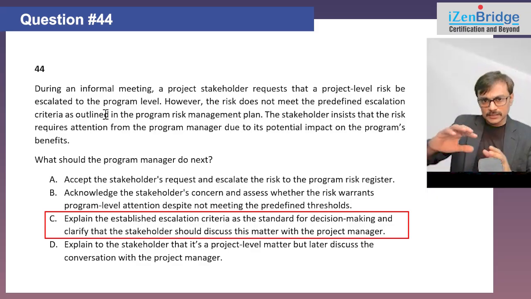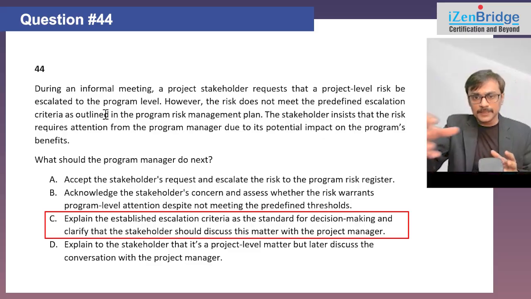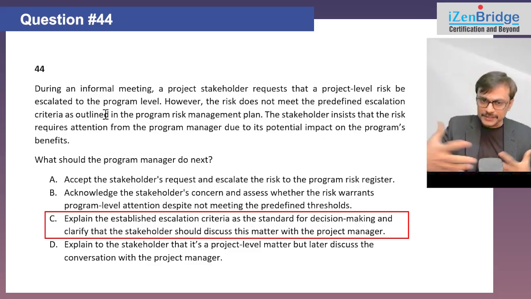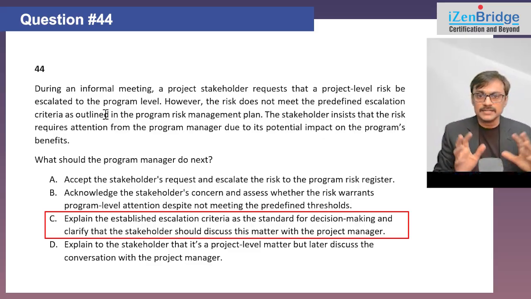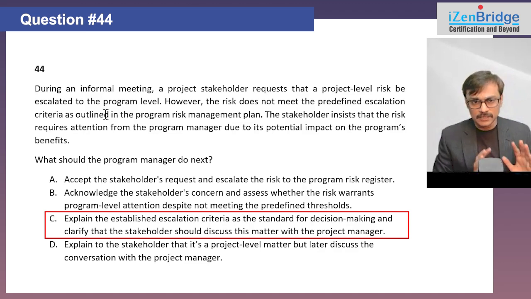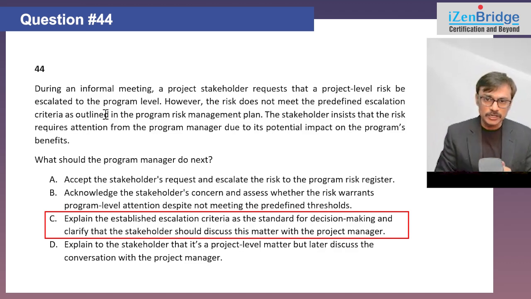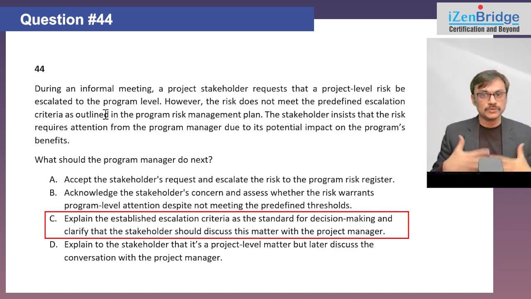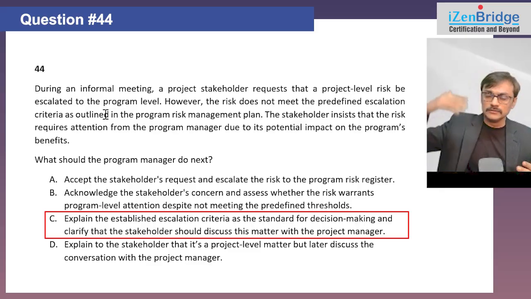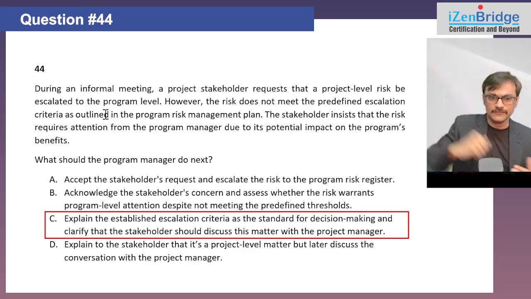I may tell them that you probably also want to discuss with them, but I want to give some satisfactory answer at that point in time. I should not be keeping myself away and saying, this is not my matter. So not a good idea for maintaining a good relationship with the stakeholder, because you need to maintain trust, you need to grow a good relationship so that they support your overall journey and we achieve the program level benefits.